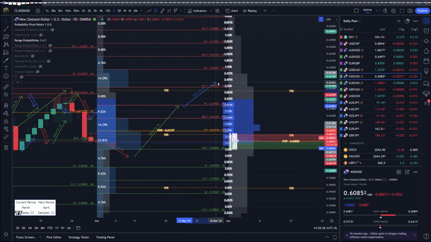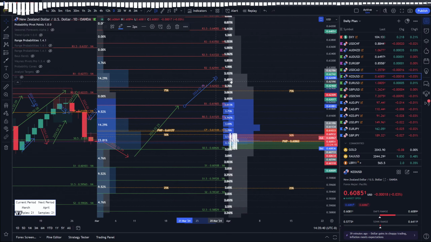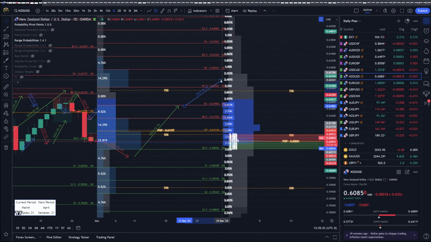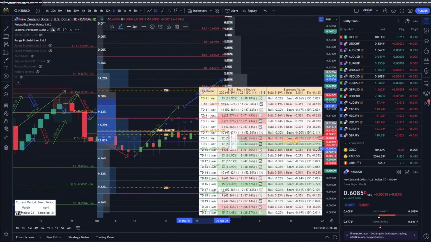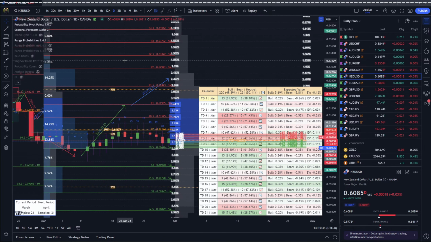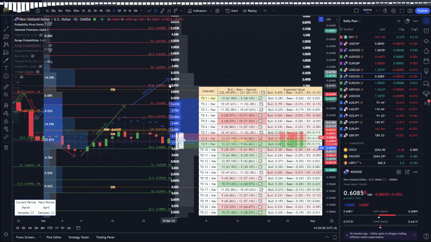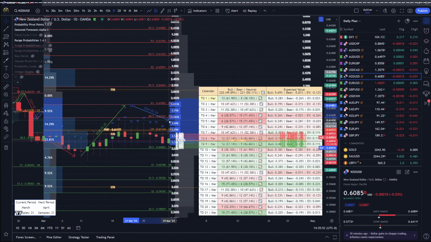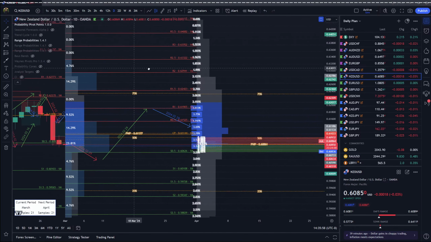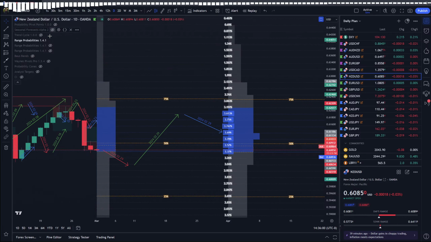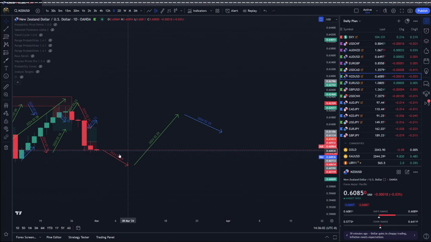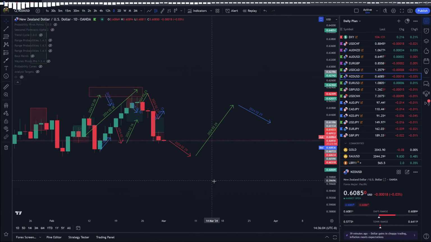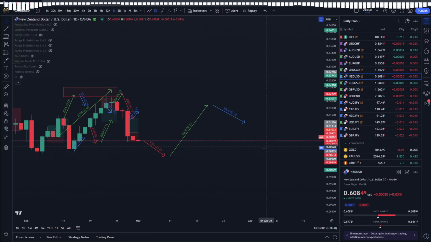But again, you have this probability here of getting more positive drift into the close, and it's not totally out of the question that you get that. But I'll just go for the nominal expectation, which would be something along these lines here. So that's what I'm expecting for New Zealand over the next month.